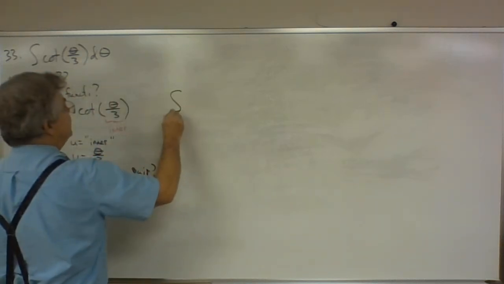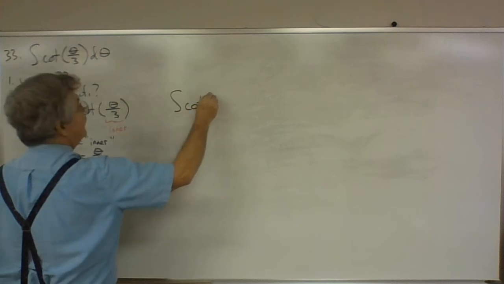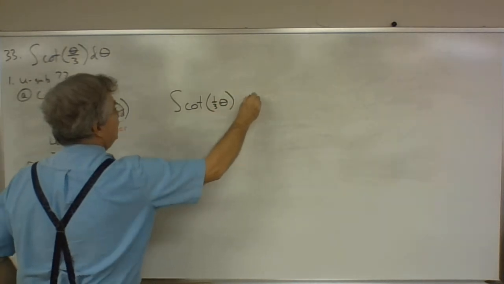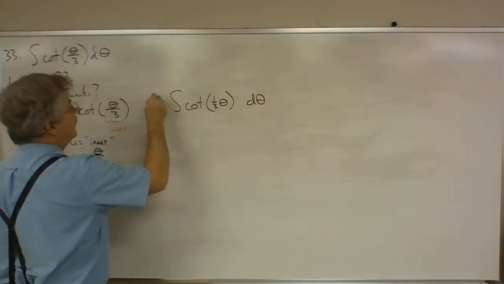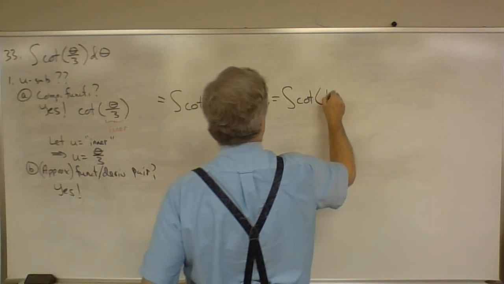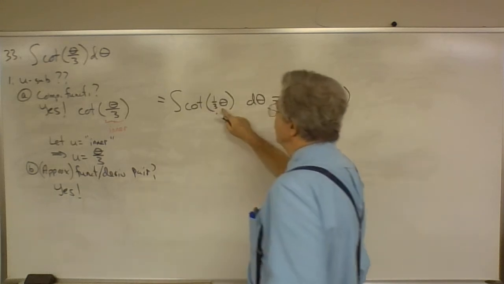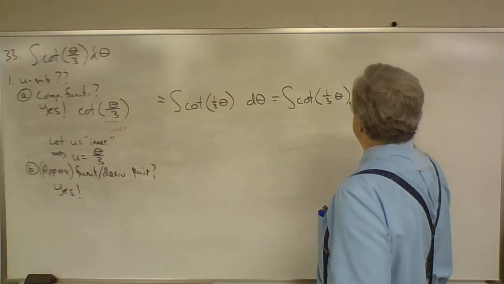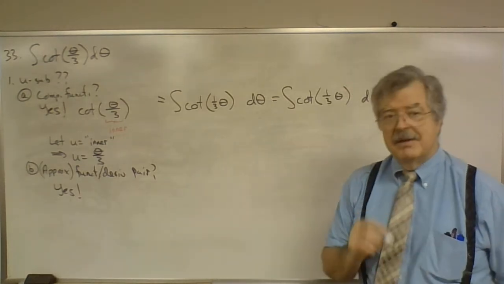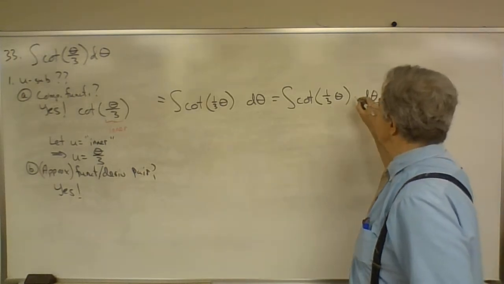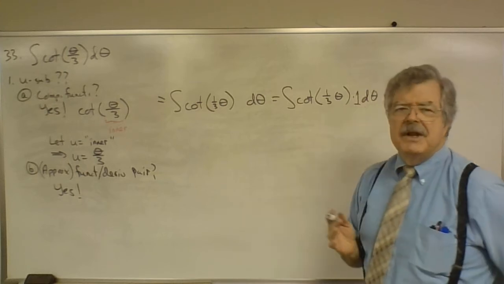You see this thing here? What's the derivative of 1/3 theta? It's 1/3, right? Ooh, but we don't see 1/3 outside here. But there is a constant multiple of the derivative of this function out here. It's just that we never write it.